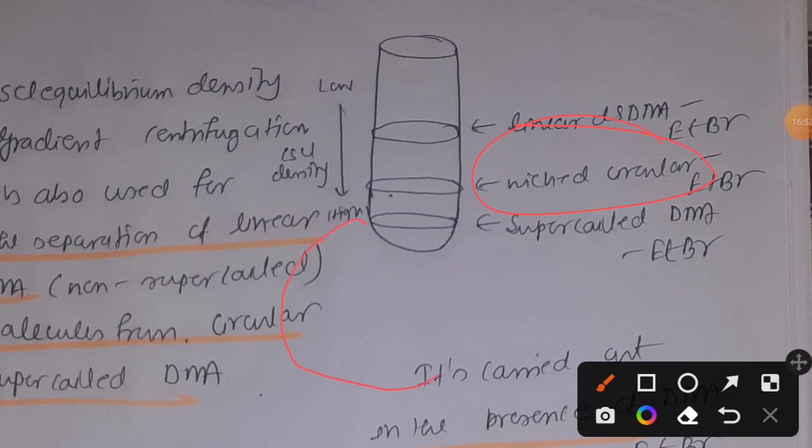I have explained that in the nicked circular DNA there will be a little gap present. This little gap will allow a relatively larger amount of ETBr to bind, and there will be relatively higher unwinding as compared to the supercoiled DNA molecule. That is why you will get a band for nicked circular DNA molecule at the middle.